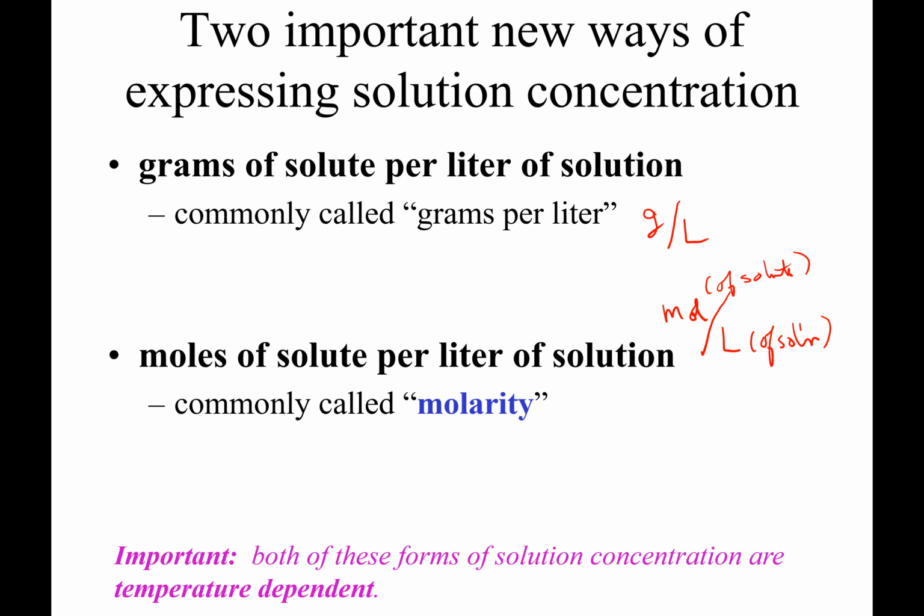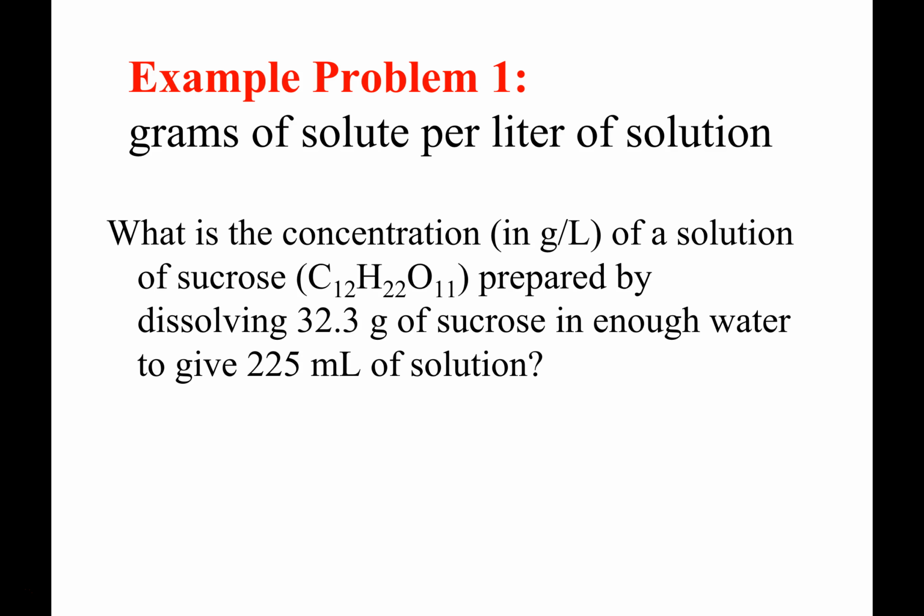Now, this is all to say that when we're talking about grams per liter or moles per liter, we got a temperature issue there. Okay? Temperatures are variable. And so actually when I introduce the other type of concentration, when we're talking about mass or moles of solute per solvent, specifically grams of solvent, then things get better. So that's kind of how that works. So let's do a couple problems.